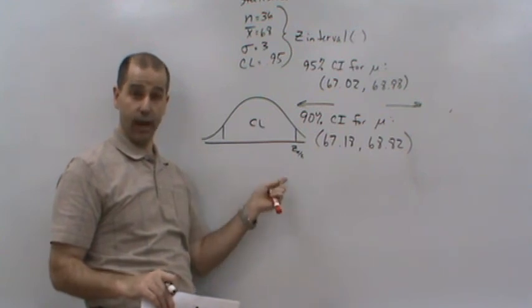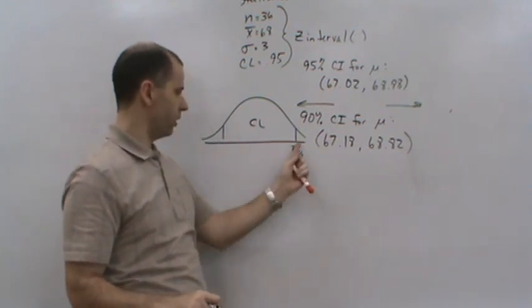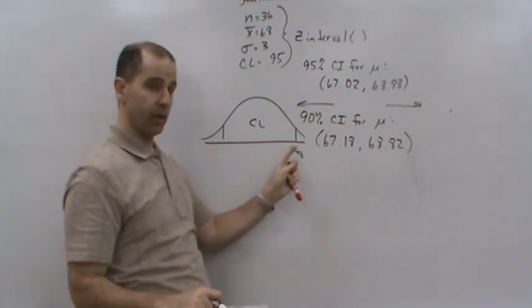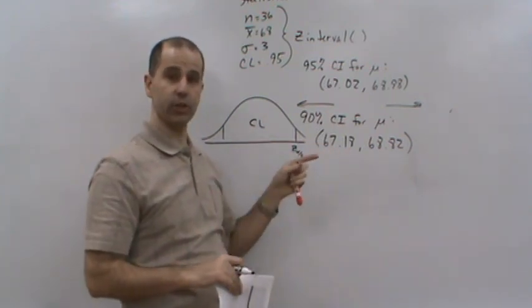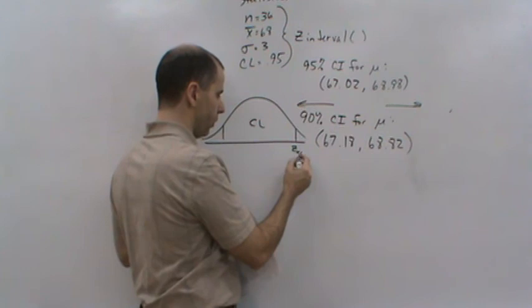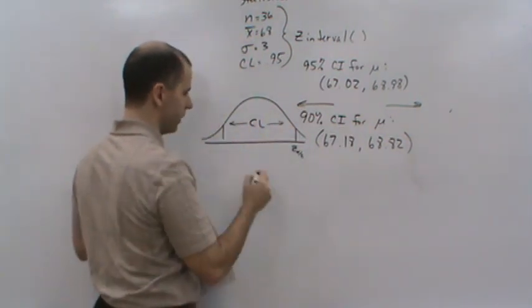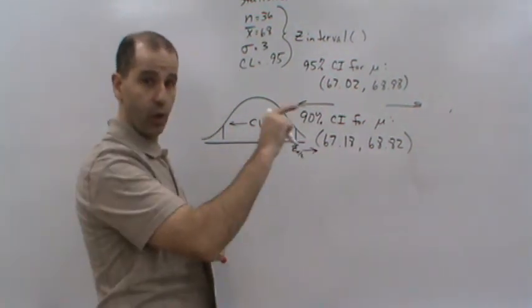Well, it's increasing, right? So that means if the middle is increasing, what's happening to the boundaries here, these cutoffs? Well, they're moving away, right? So the critical value is moving that way, which is increasing, right? So if the critical value increases, then that's going to push our Z-score to go up.